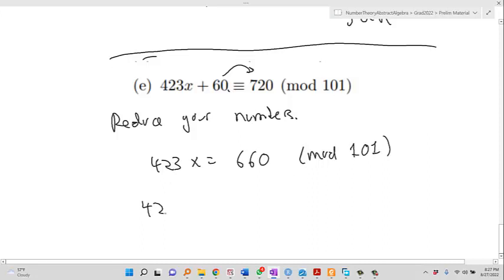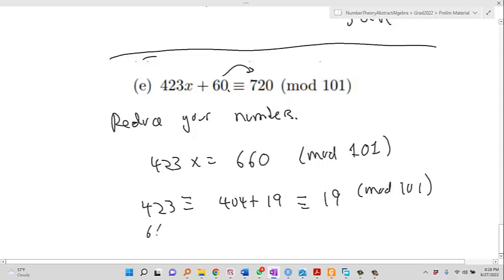Now 423 is equivalent to what? Well, 404 is divisible by 101, so that's equivalent to 404 plus how much? It's going to be 19. I think that's right. Yeah, so that's equivalent to 19 mod 101. So you can replace 423 with 19.